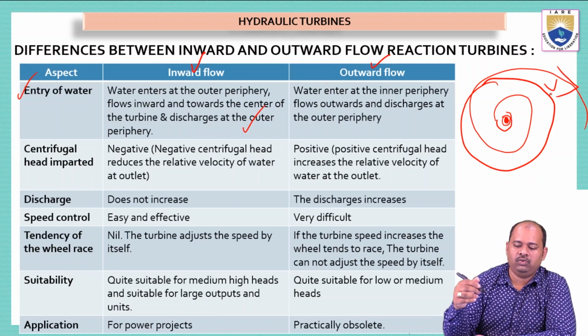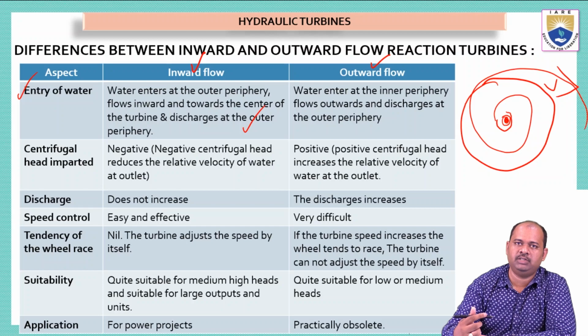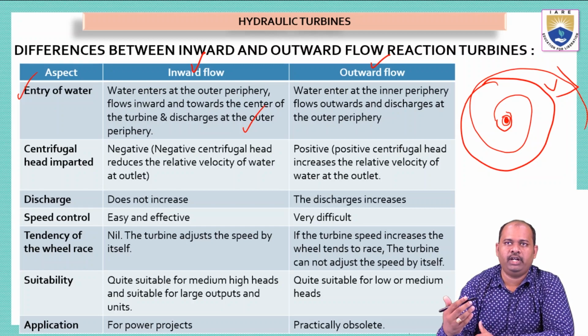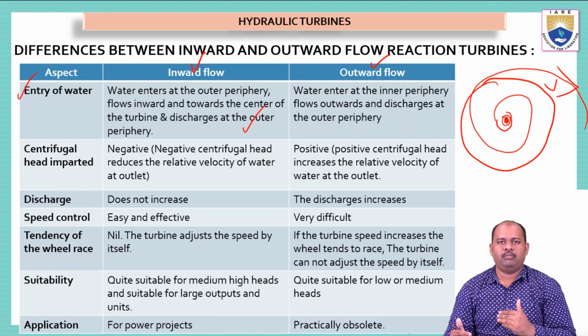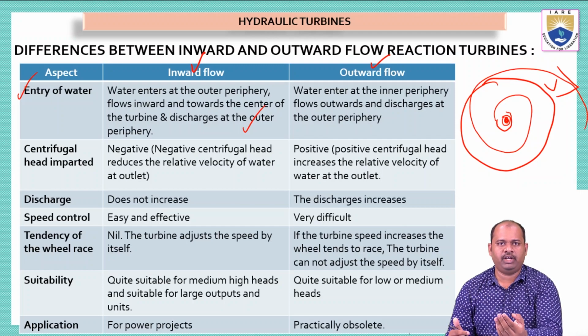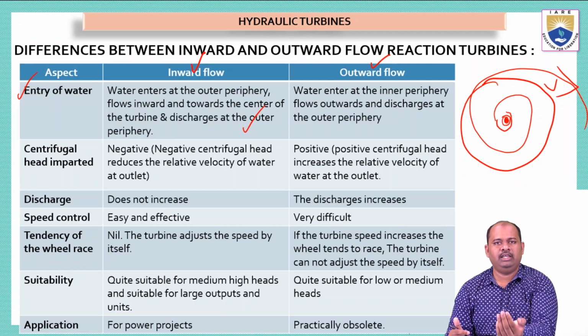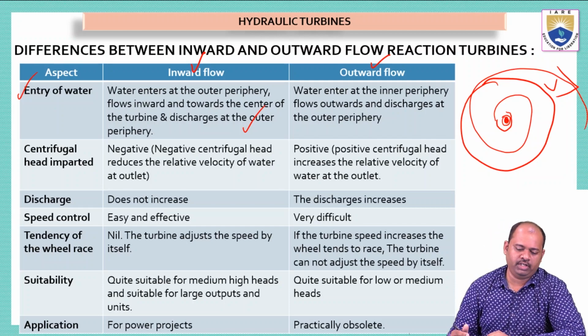So water enters at the inner periphery and comes out of the turbine at the outer periphery. This is the basic difference between the inward flow and outward flow turbine. In inward flow, the water goes from the outer periphery to the center of the runner, whereas in outward flow, the water flows from the inner periphery to the outside.